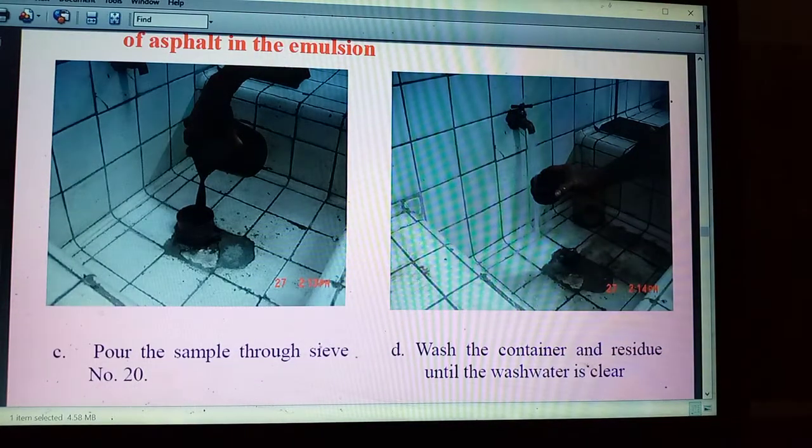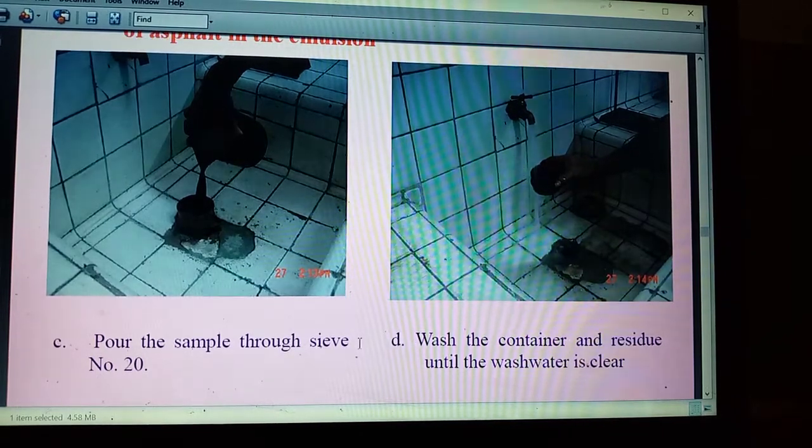Then, pour the sample to sieve 20. Hayaan mo na may matilapon. Wash the container and residue until the wash water is clear. Kasi sieve siya, merong masasala na mga bato-bato dyan kasi hindi yan purong likido. Kung purong likido yung emulsified asphalt mo, ibig sabihin magpapasa lahat, pero hindi.